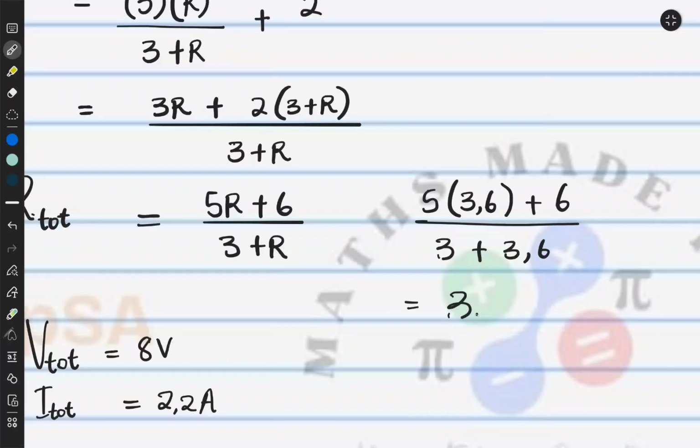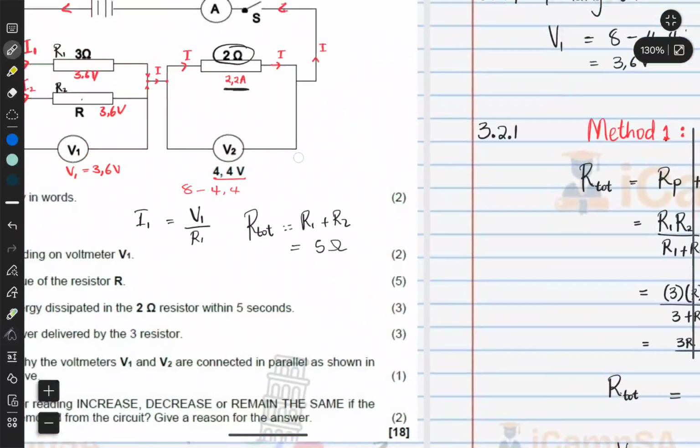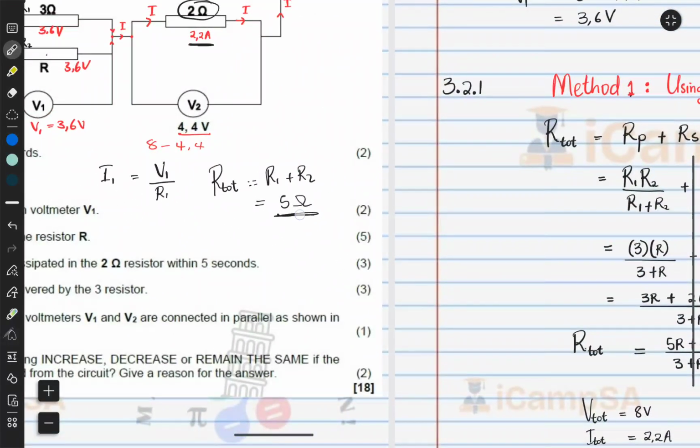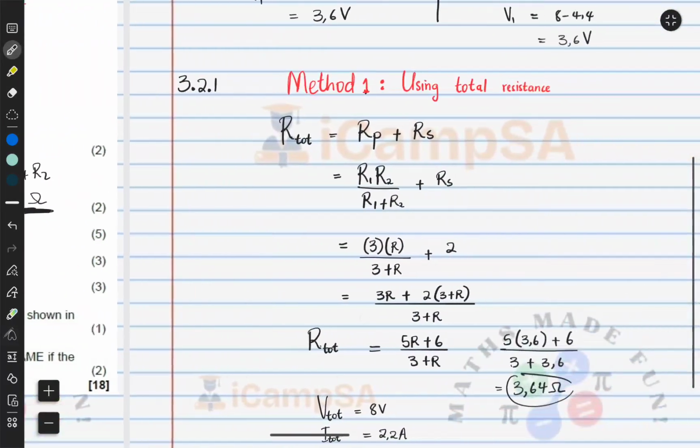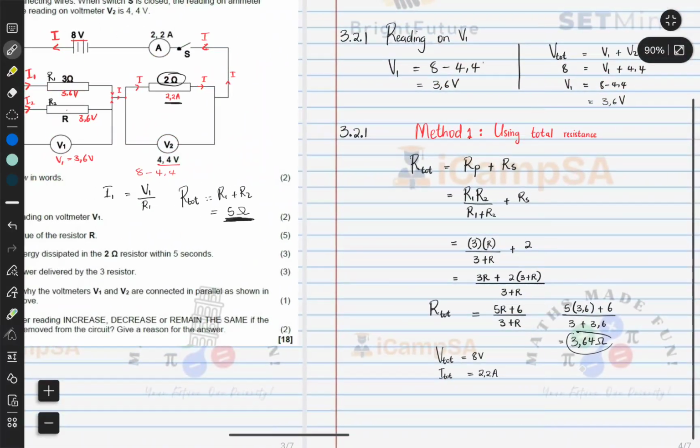Cool. So before we remove the 3 ohm resistor, our total resistance for the circuit will be 3.64 ohms. Okay, this is the initial one before we remove the 3 ohm resistor. Now once we remove the 3 ohm resistor, our new total becomes 5 ohms. So you see the total increased, right? Okay, that's the first thing we have to note.